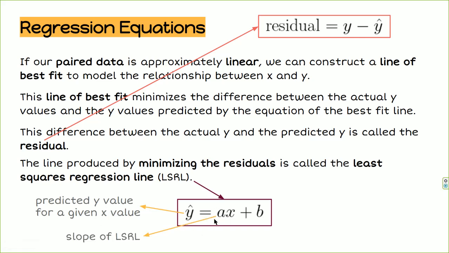A is the slope of our least squares regression model. X is our independent variable. And b is our y-intercept. So this is functionally slope-intercept form with slightly different notation to accommodate the fact that we're doing statistics and not algebra.